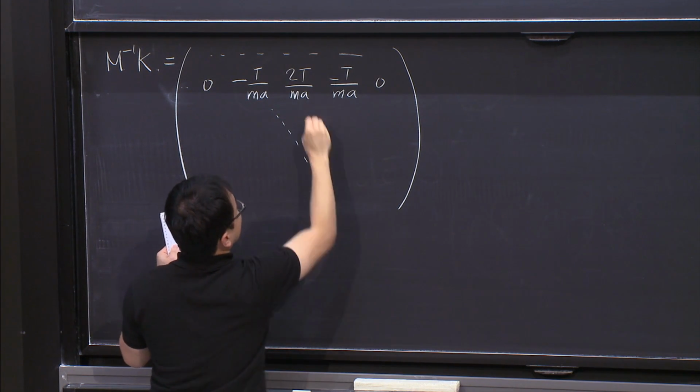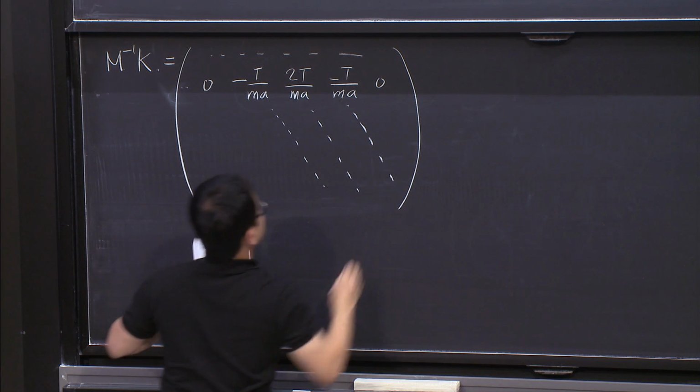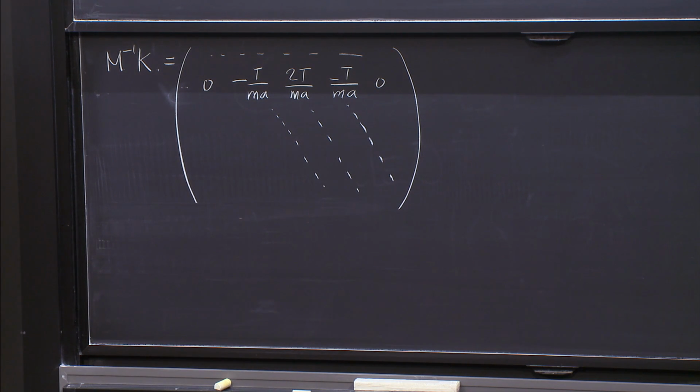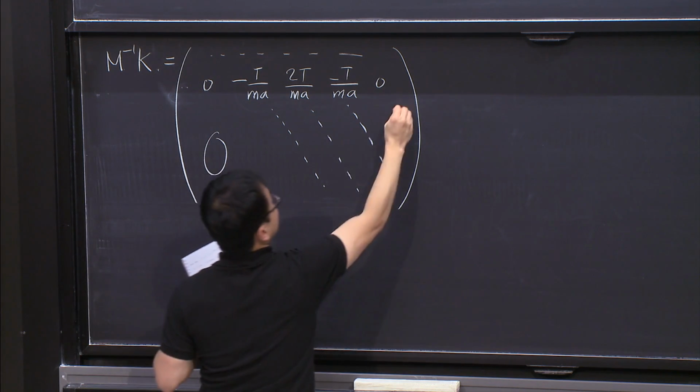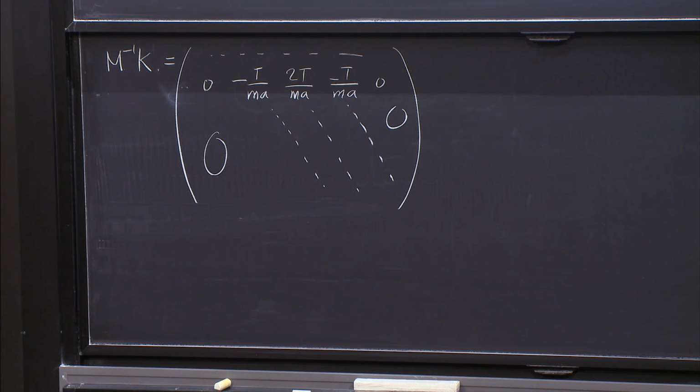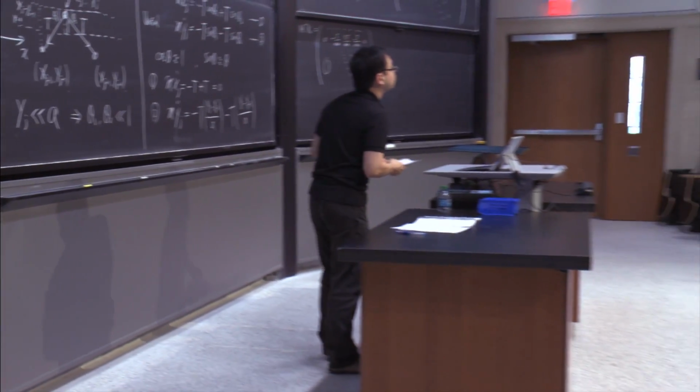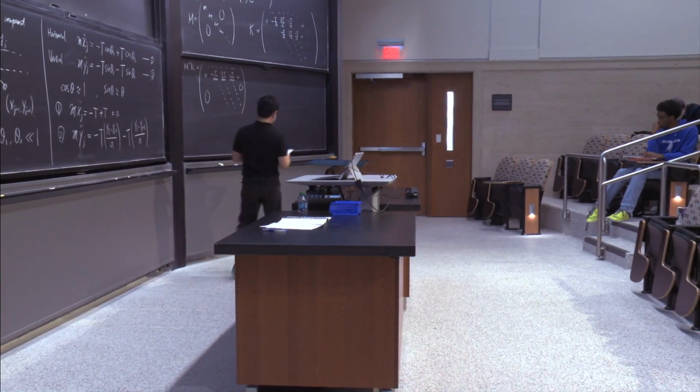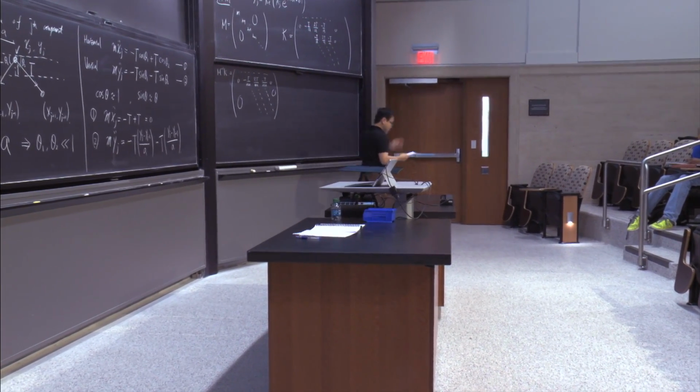And this will go on forever in the diagonal term and also the next two diagonals. And all the rest of the terms are 0. Okay? Any questions? All right. Okay, so that's really nice.